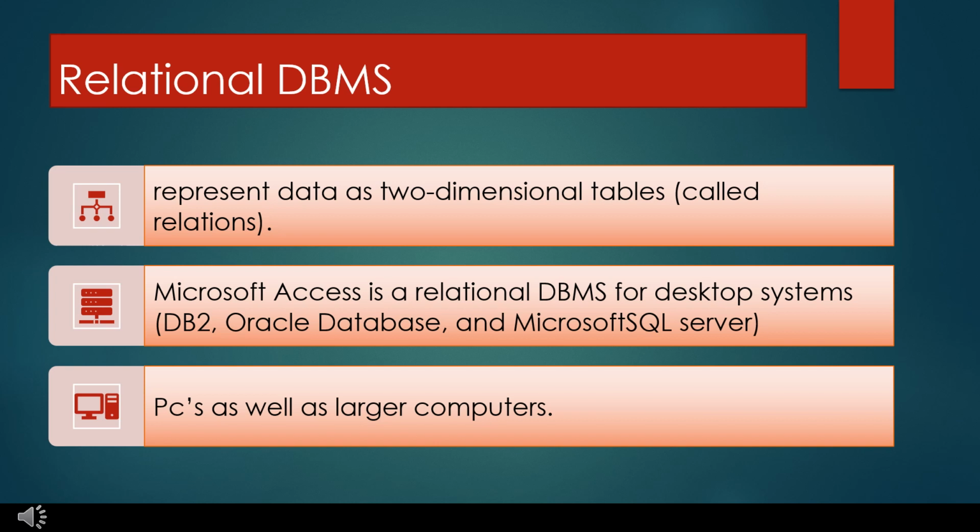Microsoft Access is a relational DBMS for desktop systems, whereas DB2, Oracle Database, and Microsoft SQL, or Structured Query Language, Server are relational DBMS for large mainframes and mid-range computers. The most popular type of DBMS today for PCs as well as for larger computers and mainframes is the relational DBMS.